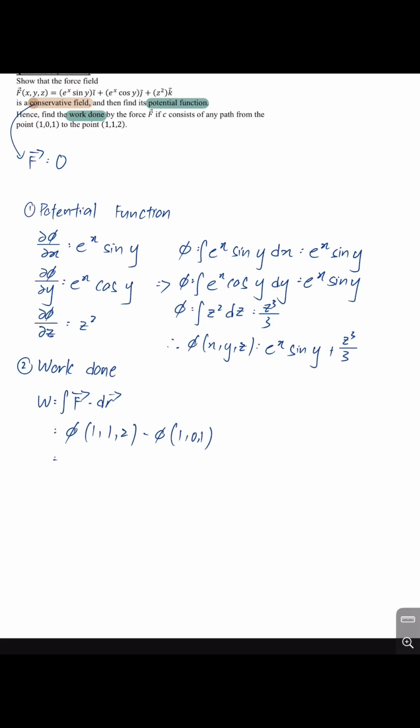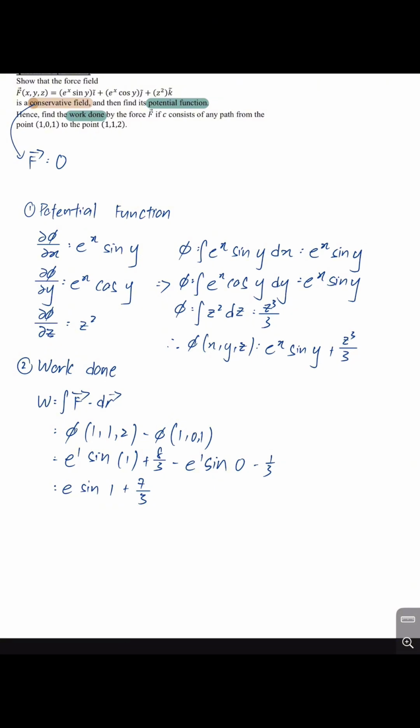We will substitute the x, y, z respectively into the potential function equation. So finally, the work done is equal to e^1 sin 1 plus 7 over 3.